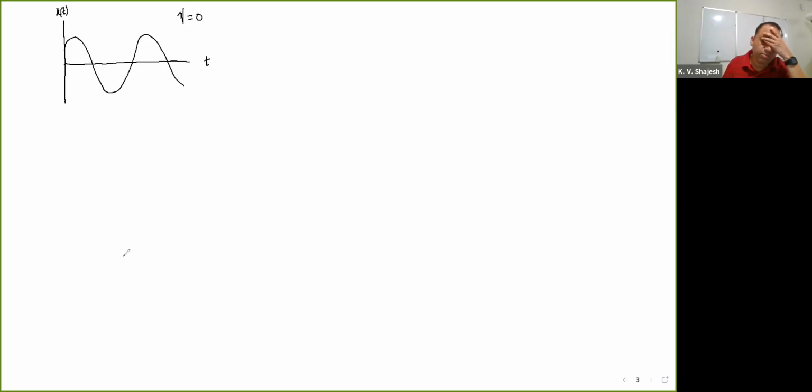That's a simple harmonic oscillator. When this is your t, we can talk about the scenario where gamma is less than omega naught. That means there is damping, but that's not significant enough.